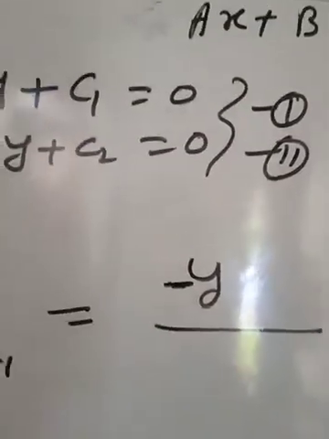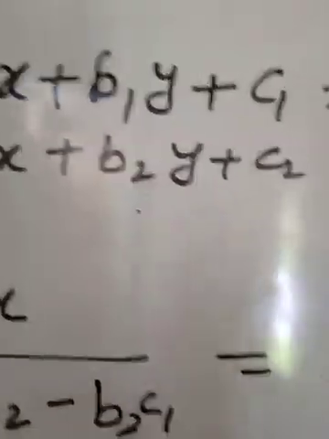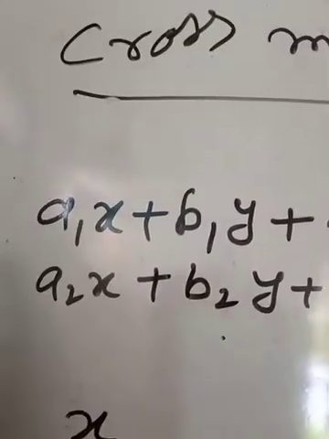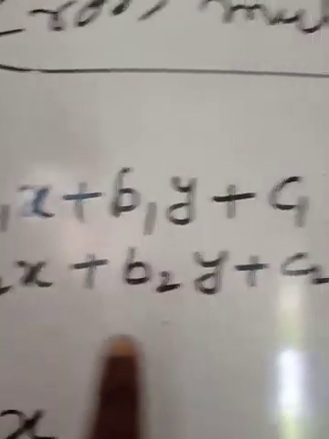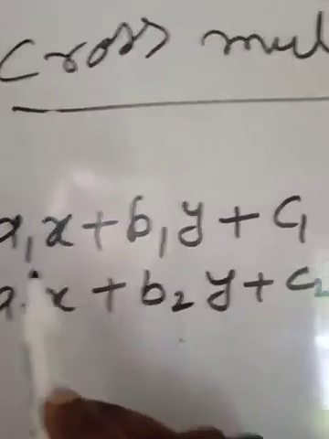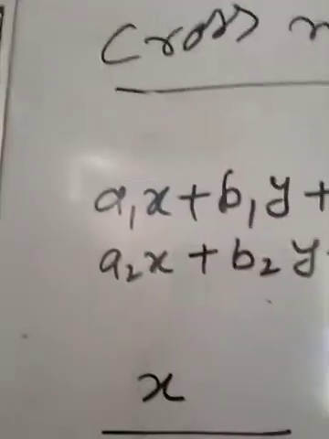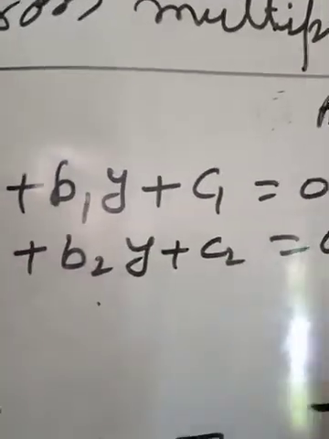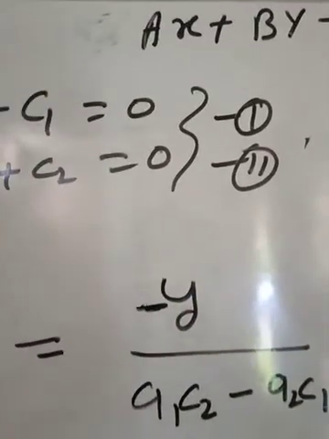Now look here, this is the y term, so hide this term. You can see only a1x and c1, a2x and c2. So multiply a1 by c2 minus a2 by c1. Now this is a constant term, so hide these terms.